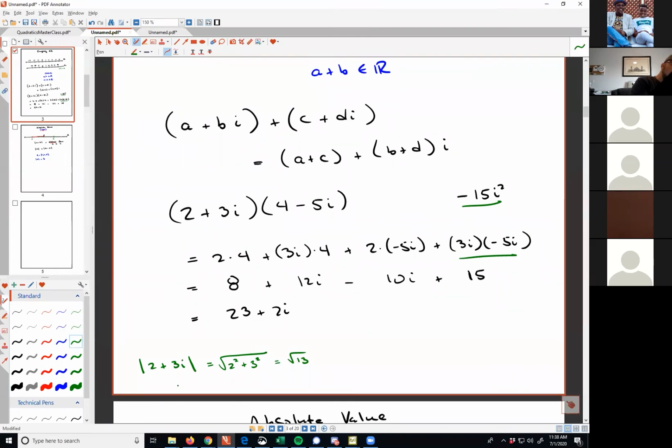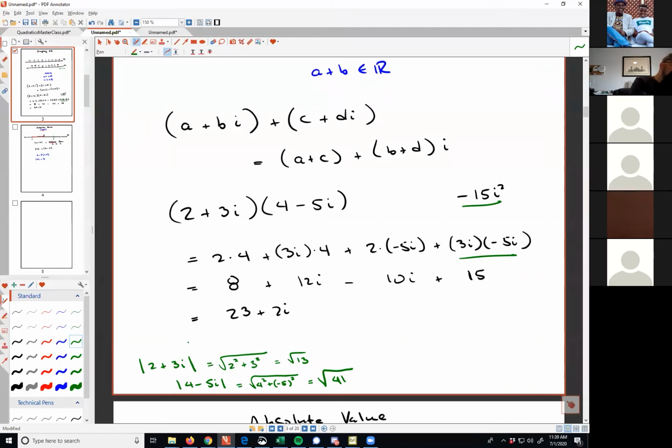Okay, how about the absolute value of 4 minus 5i? Root 3. No, it's not root 3. We're not subtracting, it's a negative squared. Yeah, it's going to be root 41.